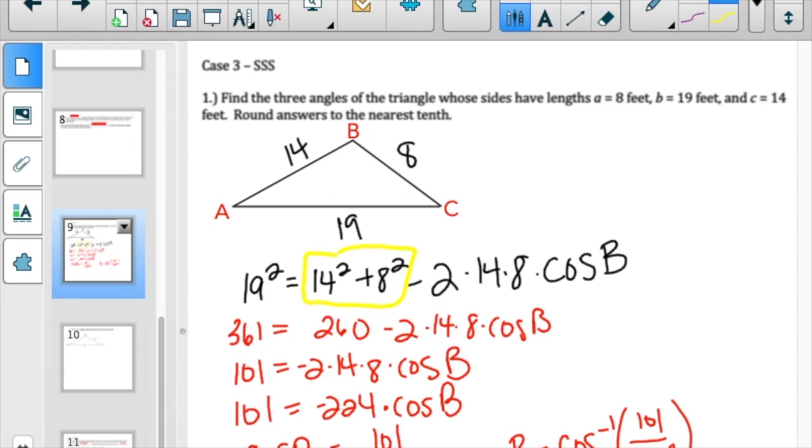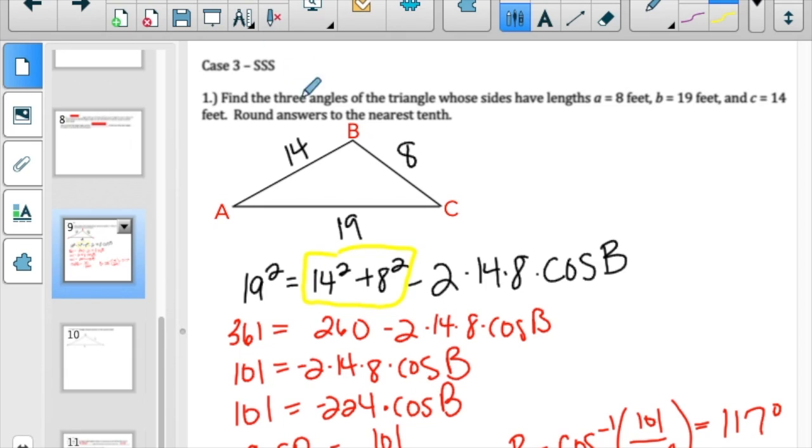What are you guys getting? Okay, good. I was getting 63 degrees and I knew that was wrong, but I forgot my negative sign. So, good. So the value of B would round to how many degrees? 117 degrees. Okay?